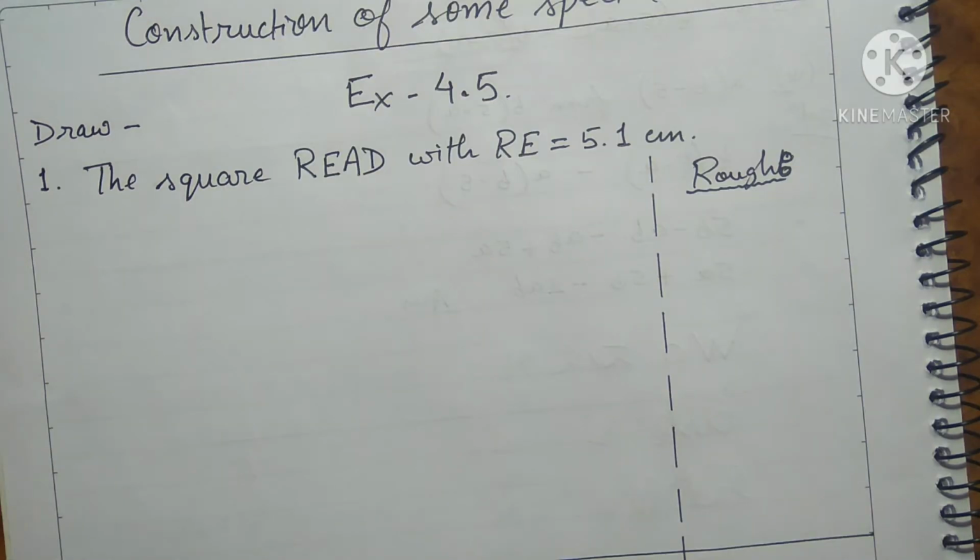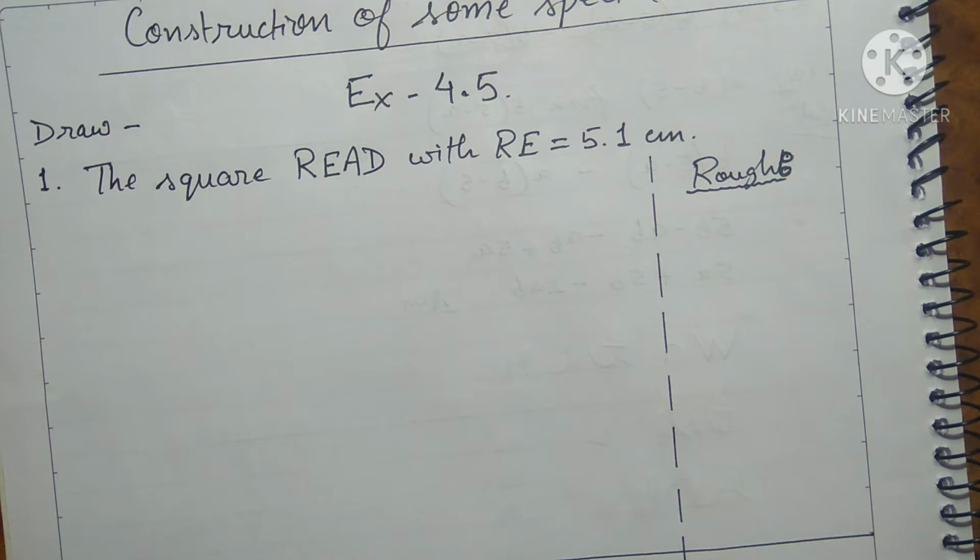So here is the first question from exercise 4.5. We have to draw a square READ with RE equal to 5.1 centimeter. In this example, only one side is given, not all the 5 things.